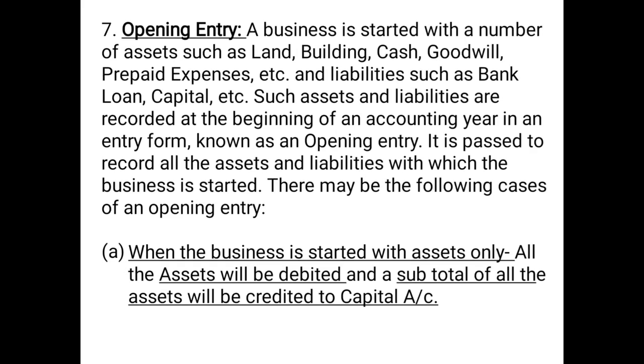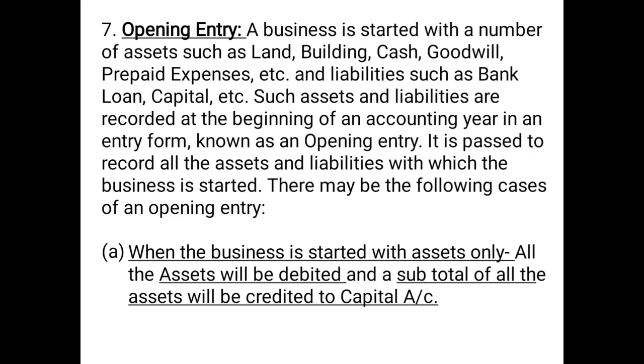So in case of an opening entry, as we know, a business is started with a number of assets, as you can see here, such as land, building, cash, goodwill, prepaid expenses, etc. And also liabilities such as bank loan, capital, etc. So what we need to do is record such assets and liabilities at the beginning of an accounting year in an entry form which is known as the opening entry.